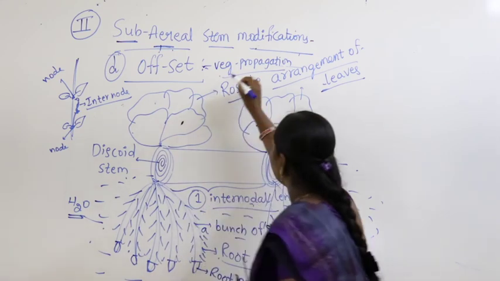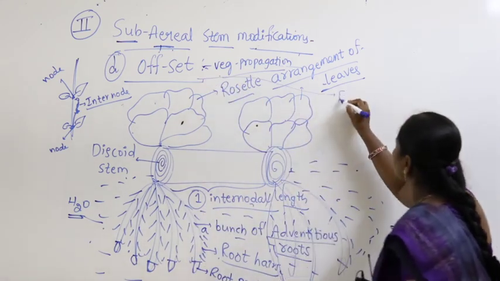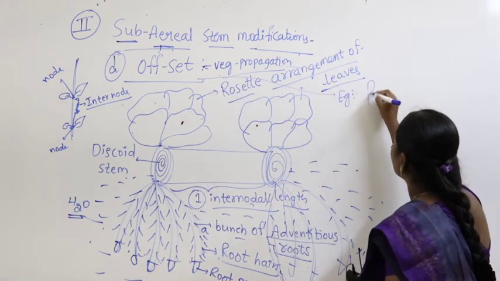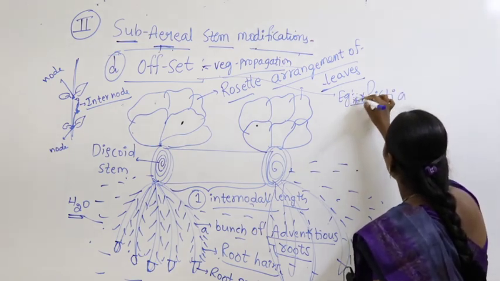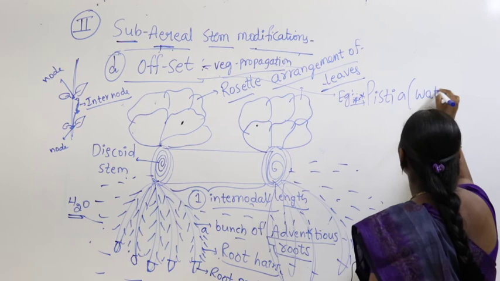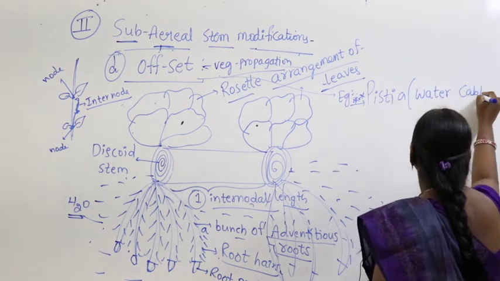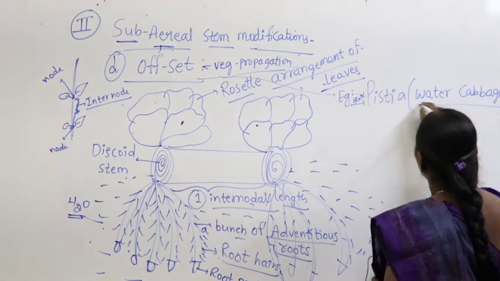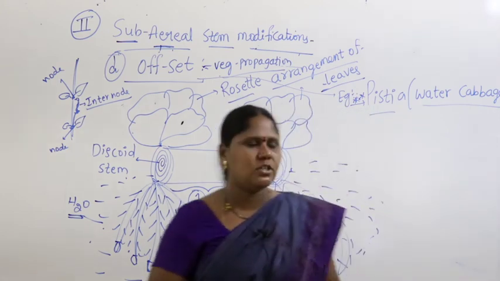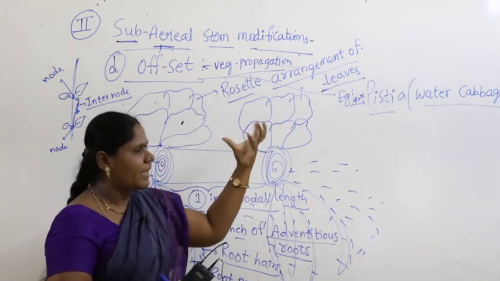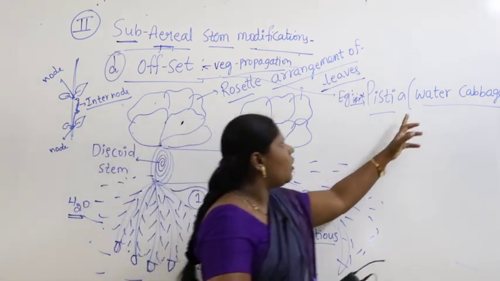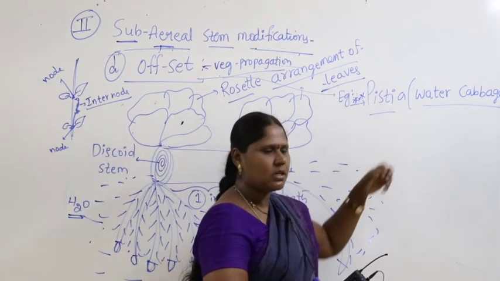Now let us take offset examples. Pistia, commonly called water cabbage. Why is it called water cabbage? It comes like a bunch and looks like a cabbage. So that's why it's called water cabbage, and it's called Pistia.